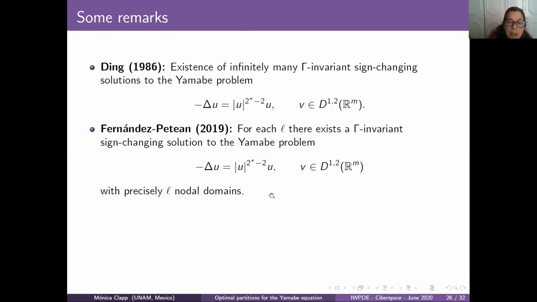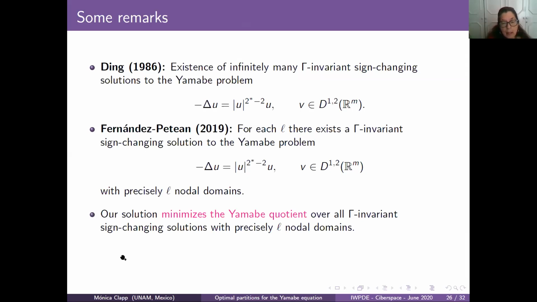And they did this using ODE methods, because as I just showed you, the problem is one-dimensional. So here we have an additional piece of information, which is that the solution that we obtain minimizes the Yamabe quotient over all solutions which are gamma invariant and have precisely L nodal domains.